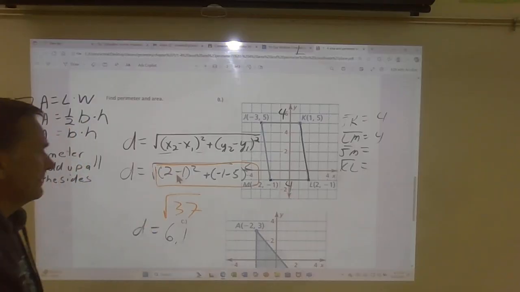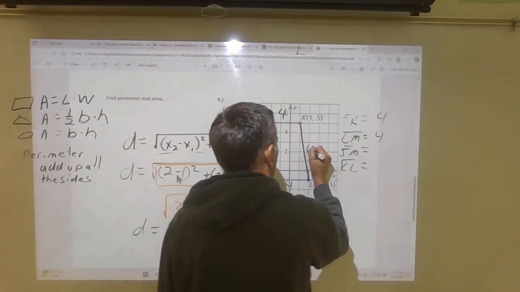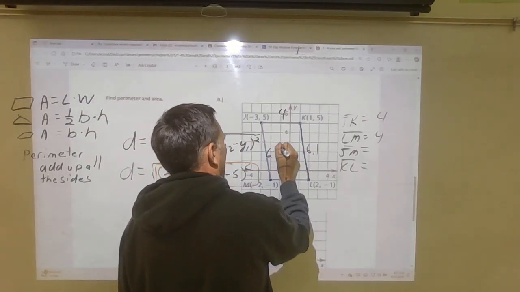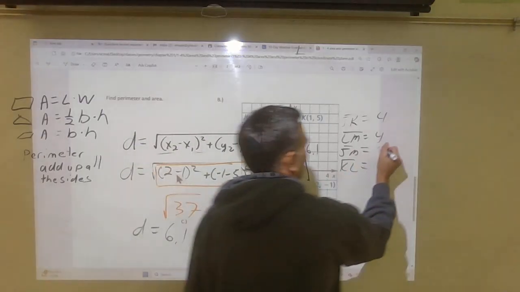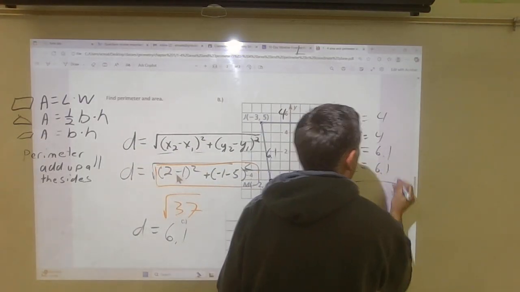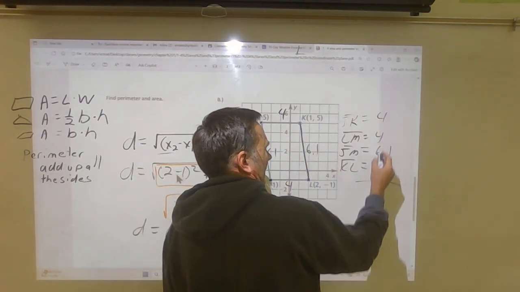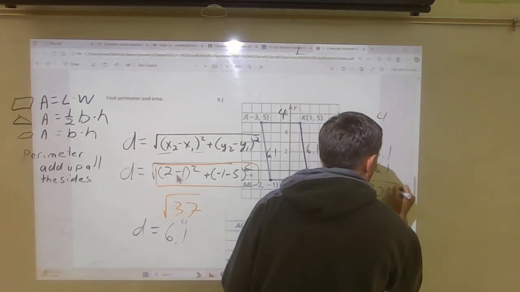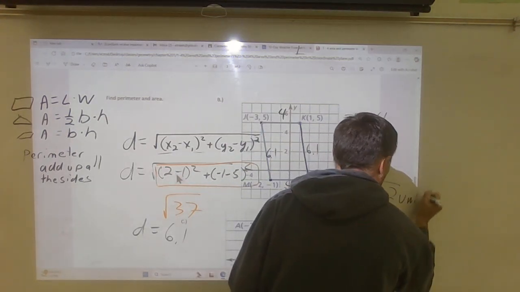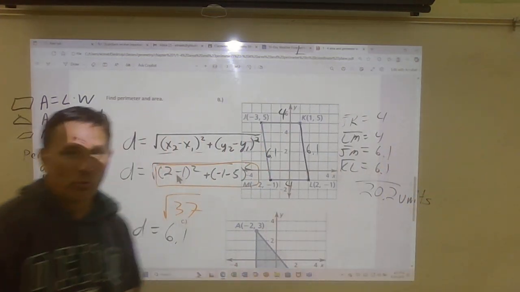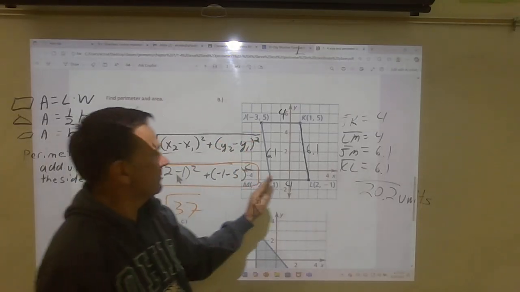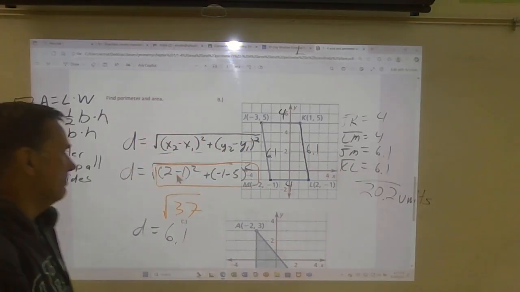So the distance from here to here is 6.1, and it's 6.1 on that side. Add these up, and I get 20.2 units as my perimeter. Again, I found the distance of each side and added them up.